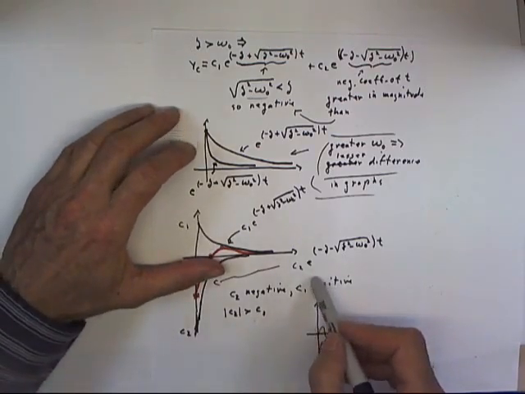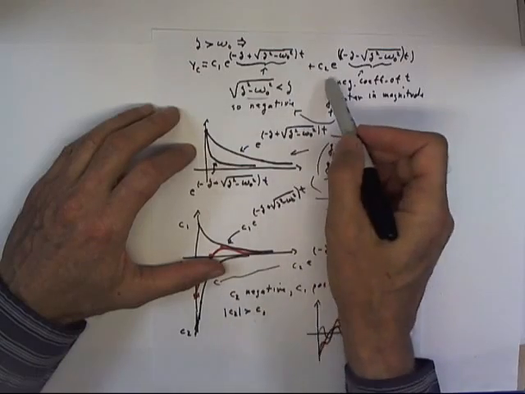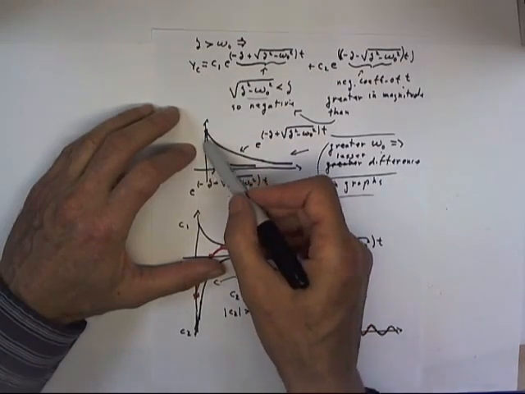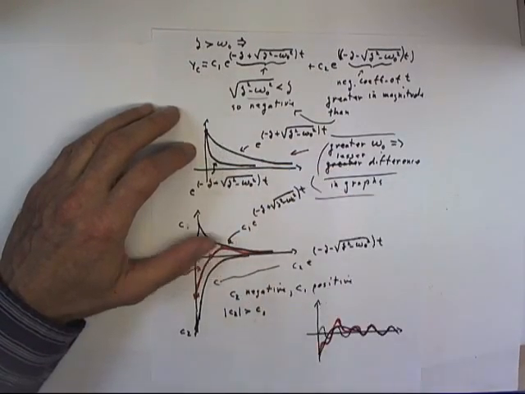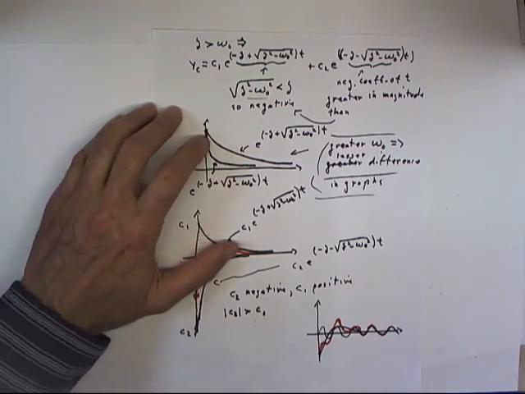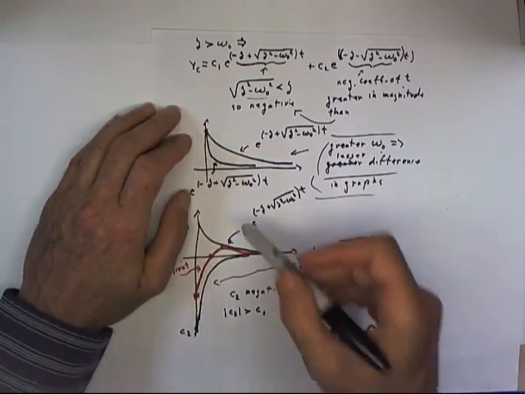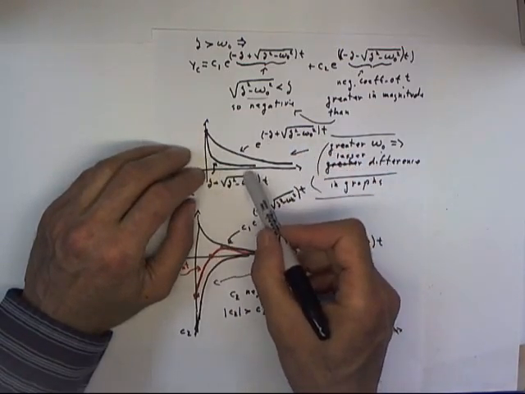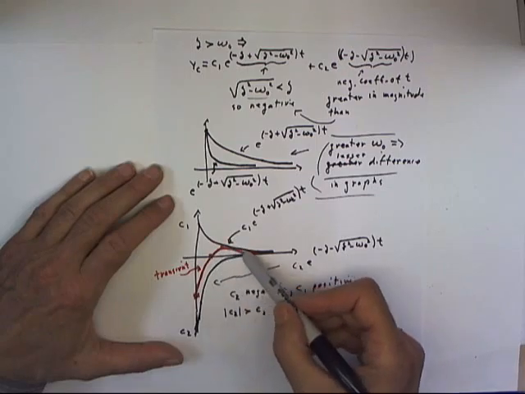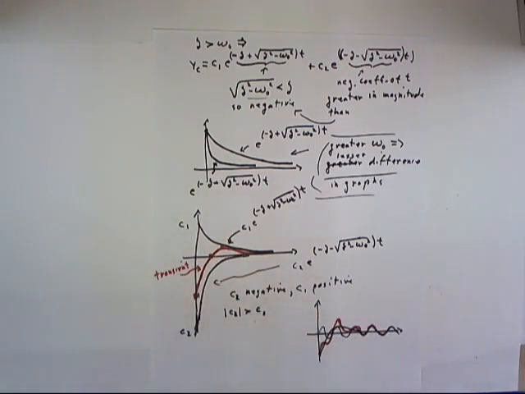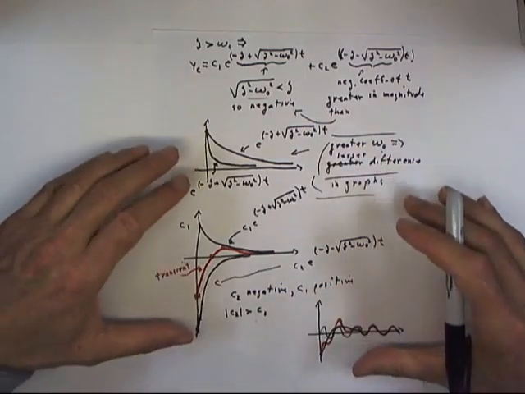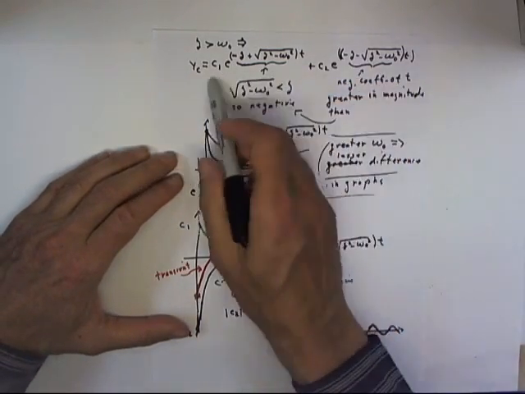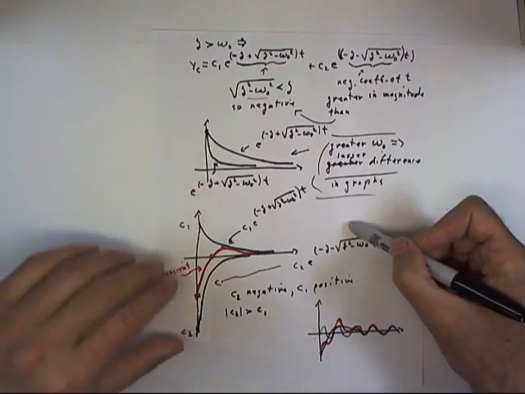The initial conditions could also imply positive values of both C1 and C2, in which case your two graphs would be on the same side of the axis, so you would not overshoot the equilibrium position the way this one does. And there are other behaviors. I just wanted to give you kind of a general picture of what will happen if you don't have an oscillatory system.